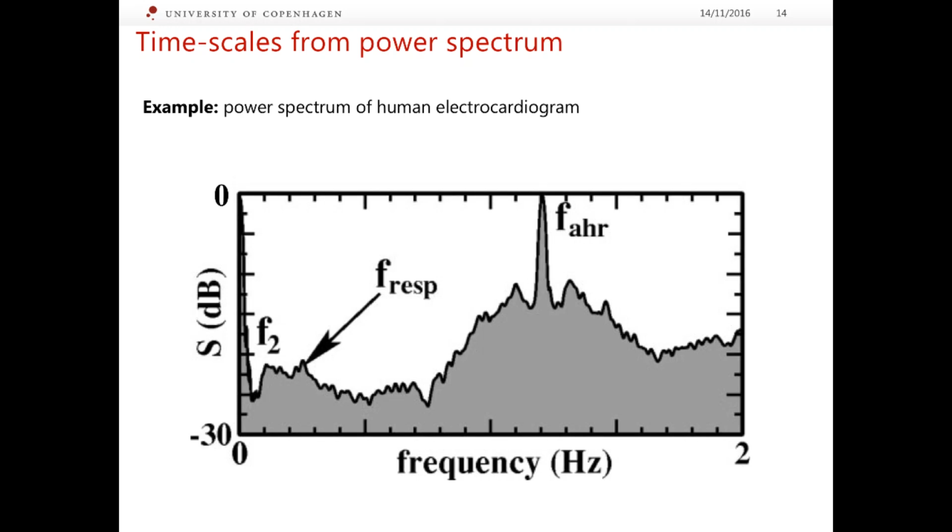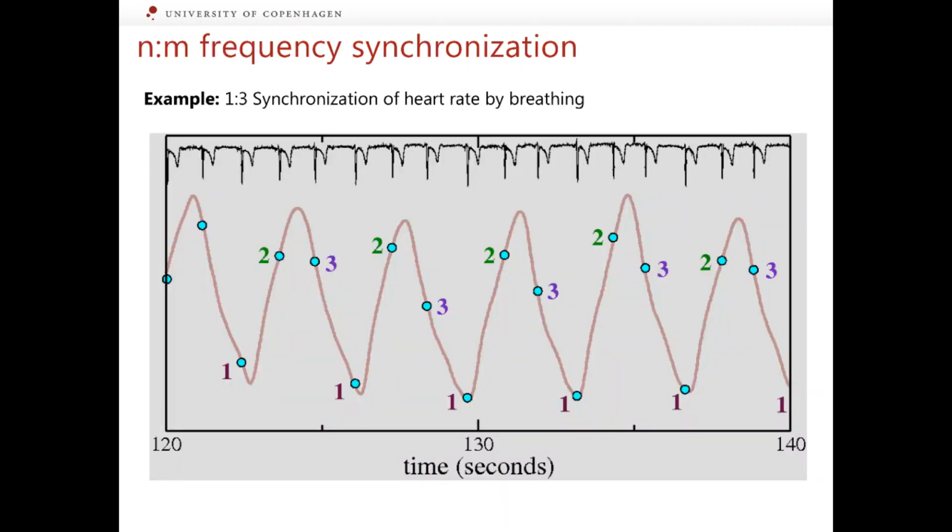The third time scale has central frequency denoted as f2 and can have several physiological interpretations which we do not discuss here. Note that around the main peak there are peaks at the so-called combination frequencies, which represent the sum and the difference of the main frequencies. Such peaks are quite common and indicate that there is active nonlinear interaction between the sub-processes with different time scales within the given process. Let us illustrate how synchronization can be detected from experimental data.